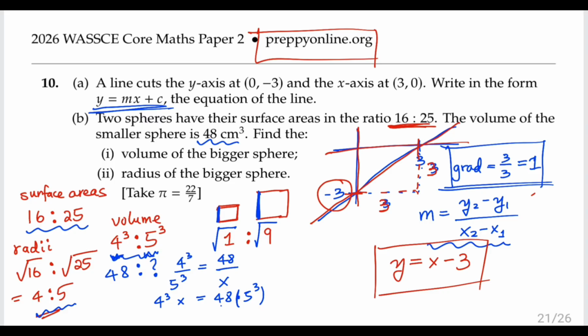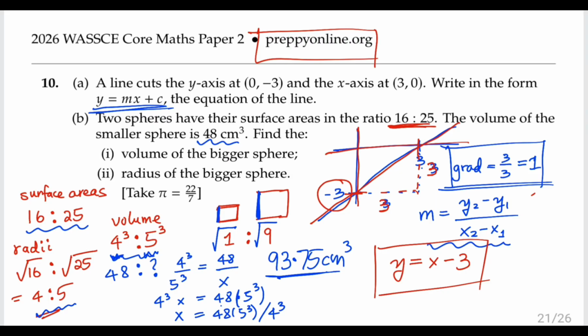When we do that, we are going to get the volume of the bigger sphere as 93.75 cubic centimeters. Let me write x. x is equal to 48 times 5 cubed, which is 125, divided by 4 cubed. When you punch this into your calculator, you should get this quantity.